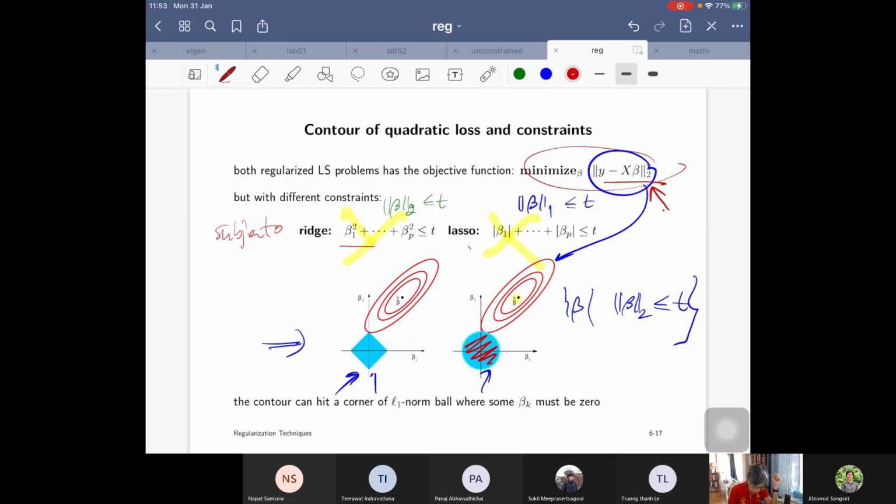In this graph, it touches here. In this particular example, your optimal beta would be 0 and 1. On the other hand, with this graph, your beta is this vector. What I want you to notice is that in the L2 ridge penalty, all the entries of beta, both components, are non-zero.